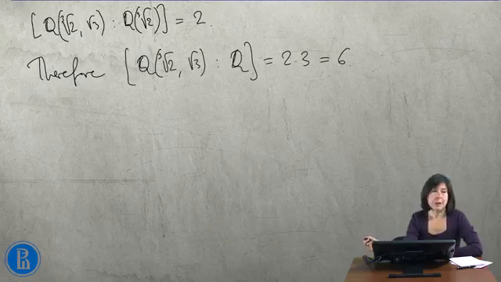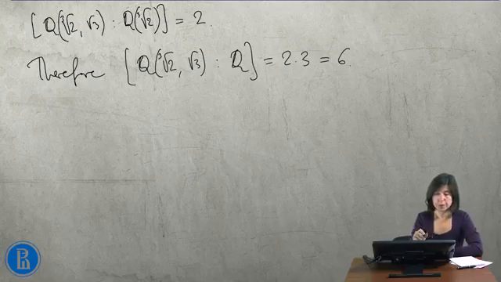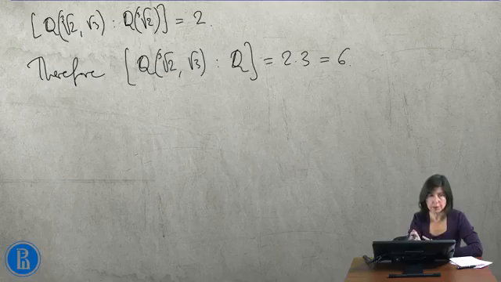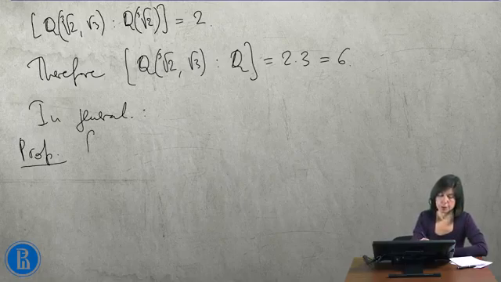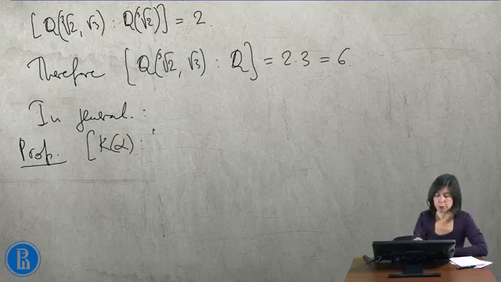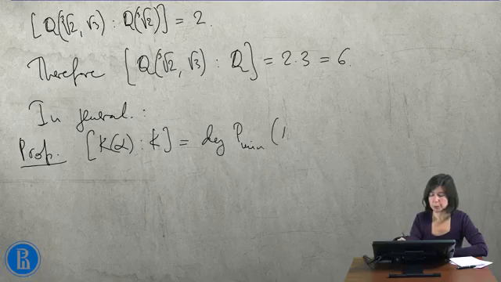Well, I should have said this earlier. This fact is completely general, that the degree of an extension generated by an algebraic element alpha over K is equal to the degree of the minimal polynomial of alpha. So in general, proposition: the degree of K of alpha over K is the degree of the minimal polynomial of alpha over K if alpha is algebraic.